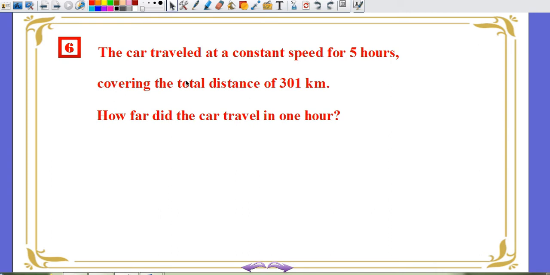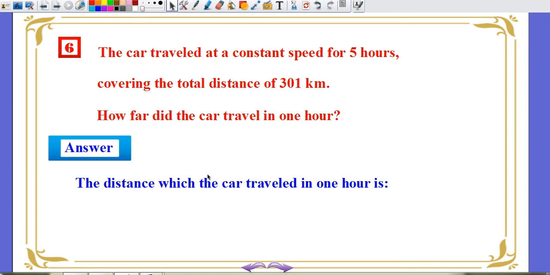The distance is 301 km and the travel time is 5 hours. So the speed of the car is 301 divided by 5, and the result is 60.2 km per hour. Note the unit of velocity in this problem is km/h.